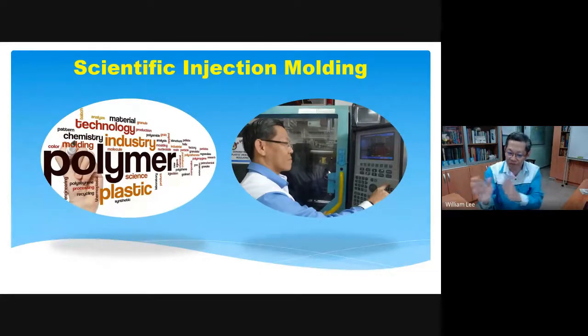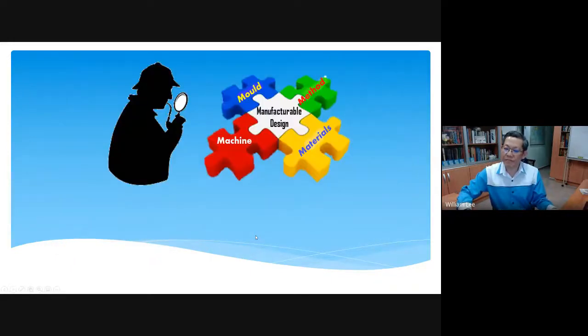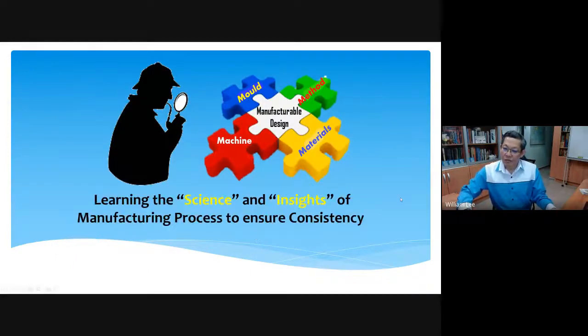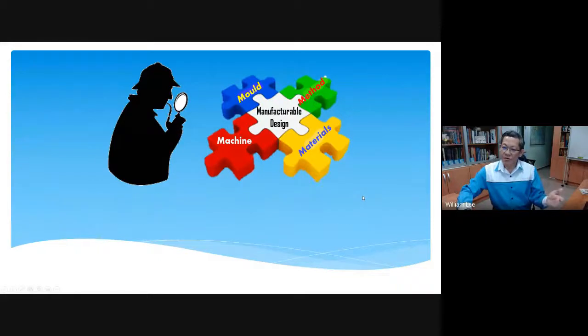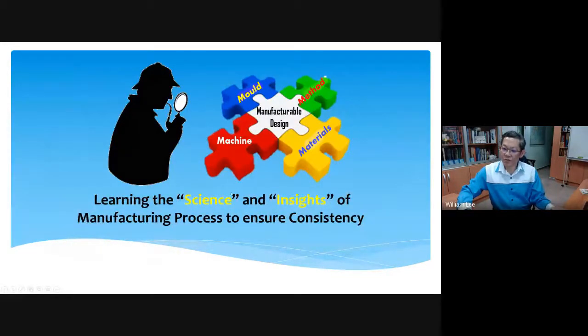So you try to segregate all this data, but you need to have process development, right? And this strategy, we call scientific injection molding. So, to learn about scientific injection molding, you need to study the background of this process, the science and insight of the 5M that I mentioned, in order to ensure consistency.